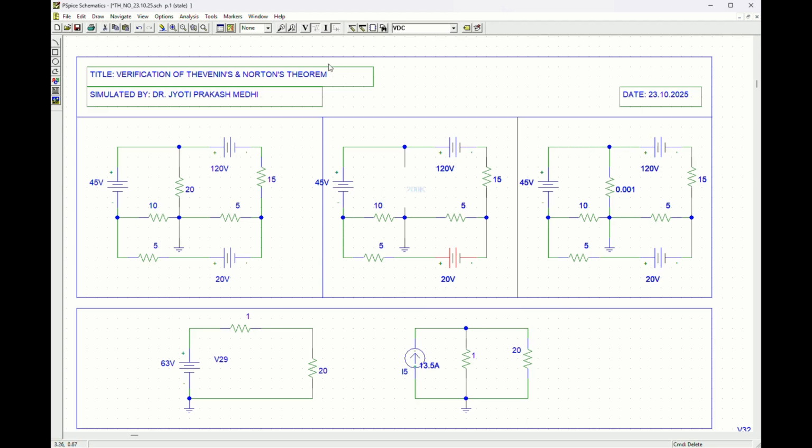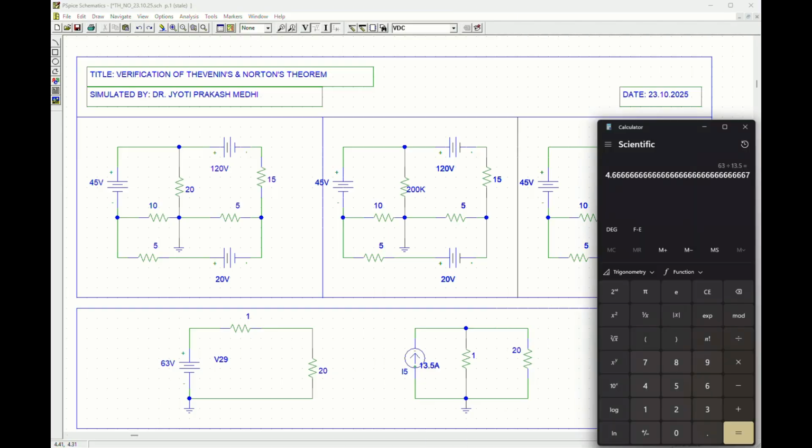But in PSPICE, we cannot determine the resistance by any other option, because we have only voltage and current options for calculating. So we can determine RTH by VTH divided by ISC, that means the voltage across this terminal and the current across this terminal. V by I represents the resistance of that terminal, so that will be RTH or RN.